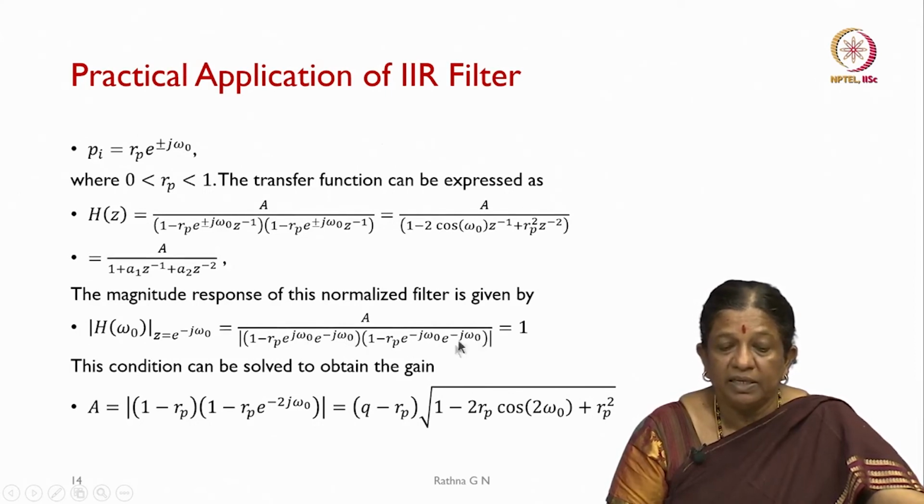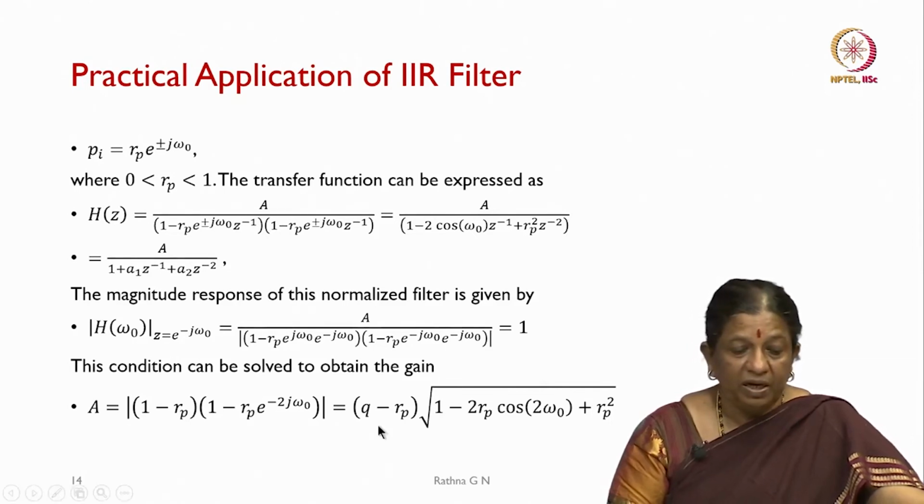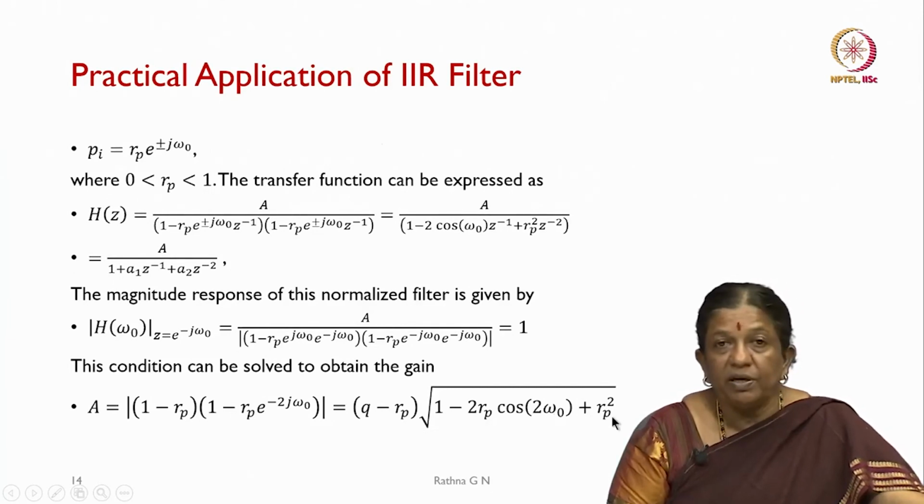This can be solved to obtain the gain A, which is equal to the magnitude of this, with some quantized value, minus Rp, times 1 minus the root of 1 minus 2 Rp cos 2 omega naught plus Rp squared.